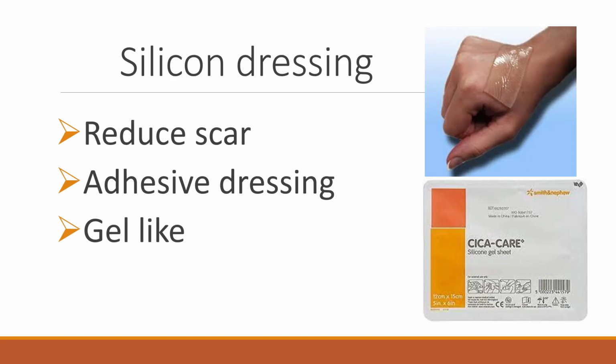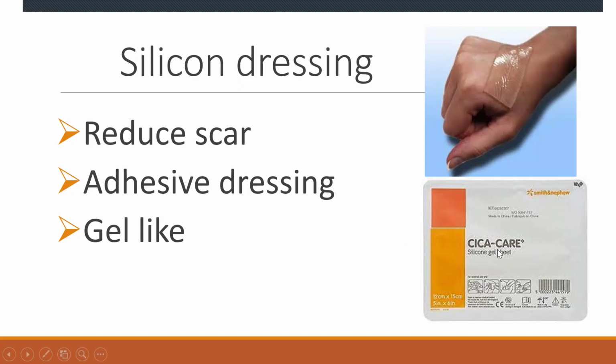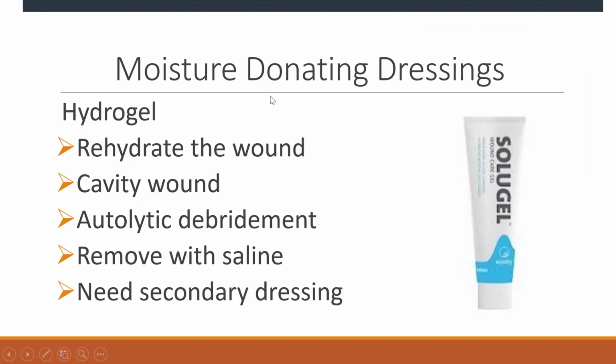It's gel-like. The brand you will normally see on the market is called Sika Care. It's a gel-like dressing that can be placed on these wounds to prevent scar formation.